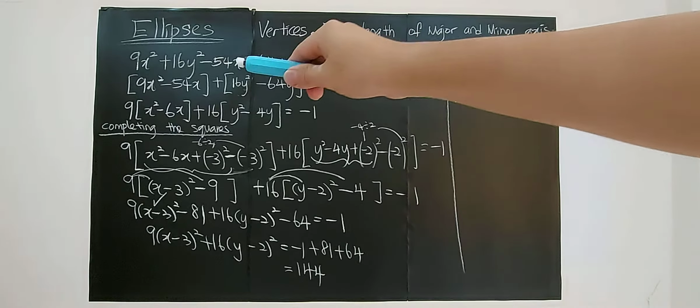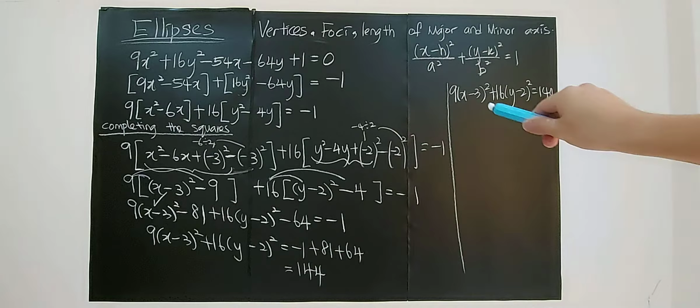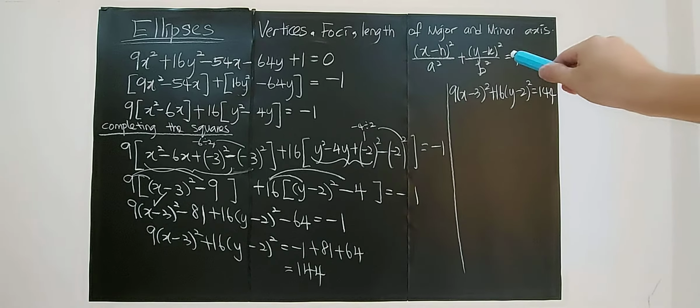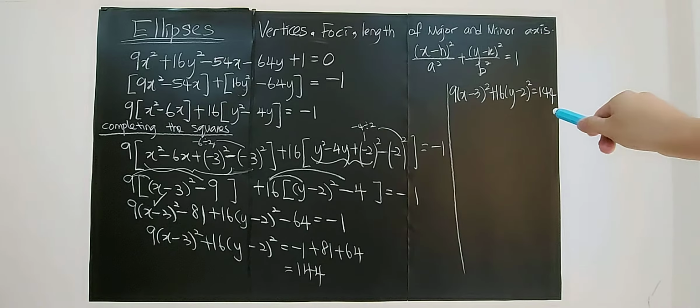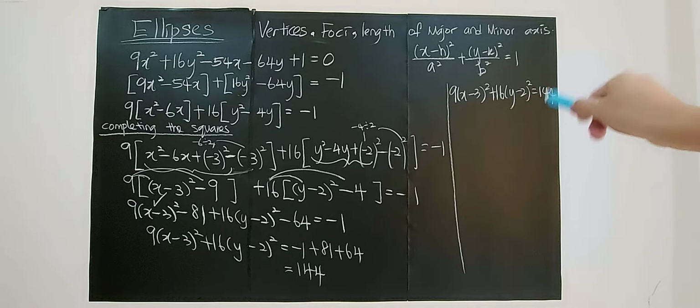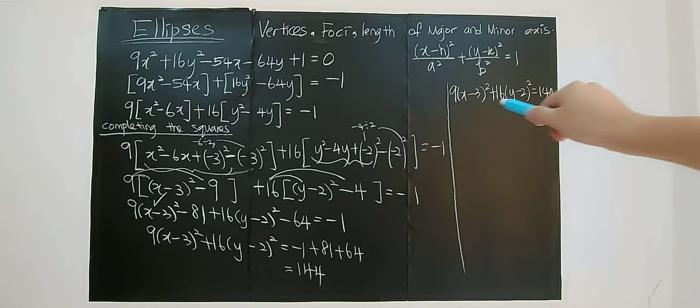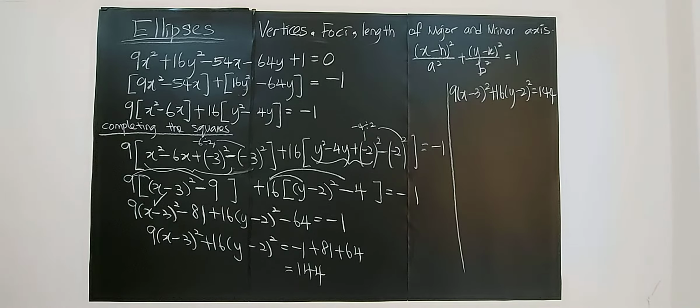So we are getting nearer to this form, right? Now our job is to make sure the right hand side is 1, but the value here is 144. So we divide both sides of the whole equation by 144.